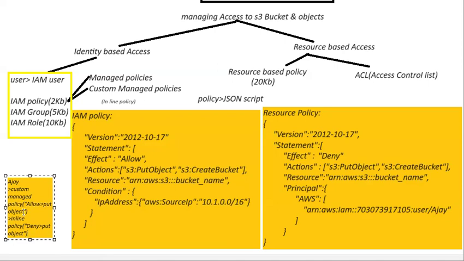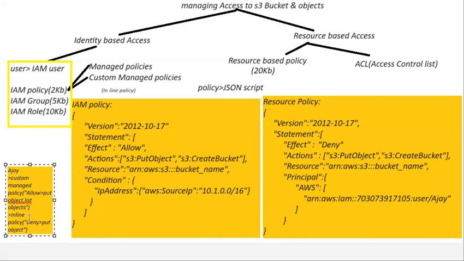If we add another thing, that is list objects, then he can list the objects, but he cannot put the object because we denied put object in the inline policy, the other attached policy.